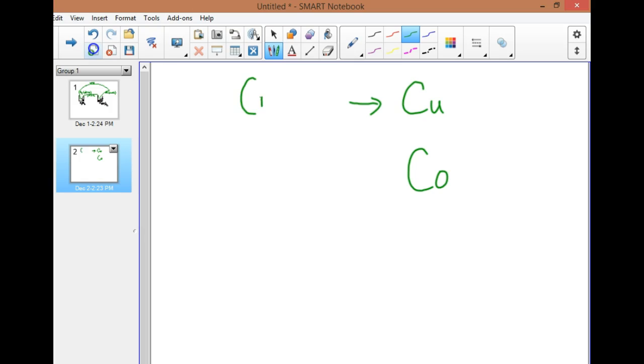So the copper 2 ion is gaining 2 electrons to become solid copper. What about cobalt? You're using cobalt too? Yeah, that's one. Okay. Co2+ plus 2e-.